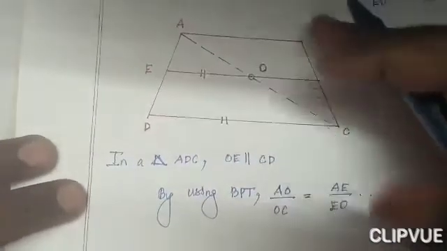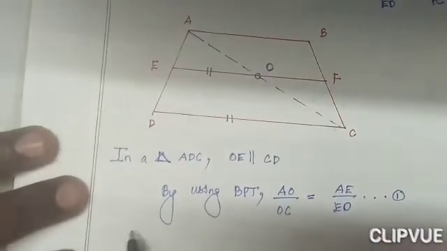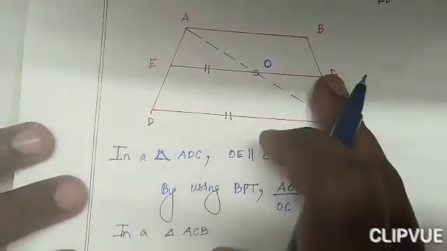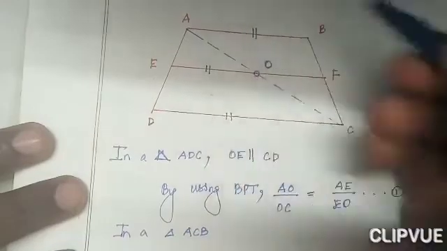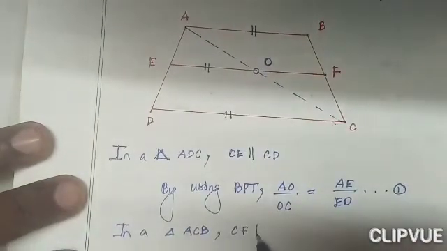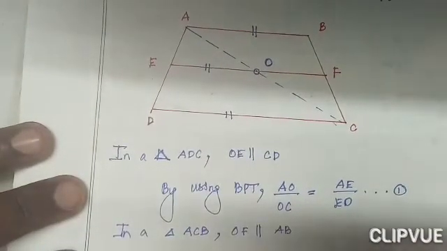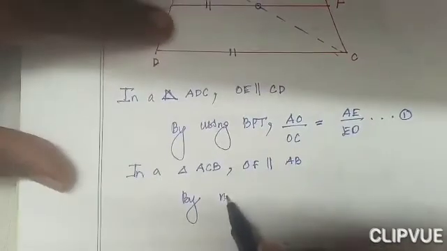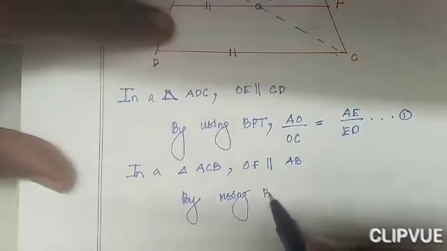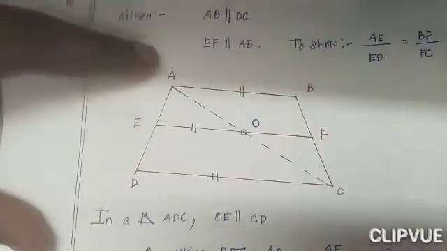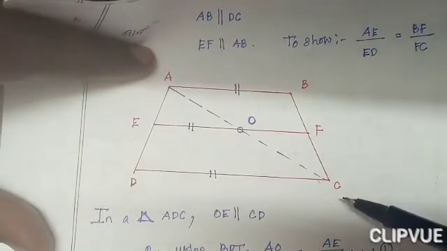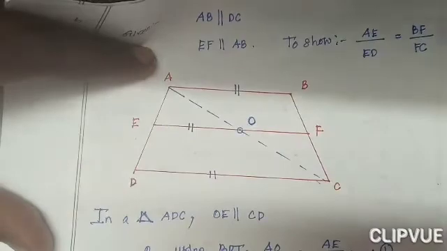Next, in the triangle ACB, OF is parallel to AB. By using BPT, AO by OC equal to BF by FC.